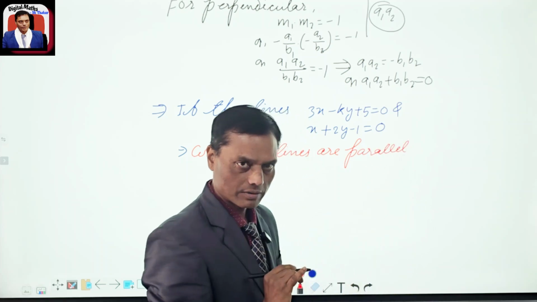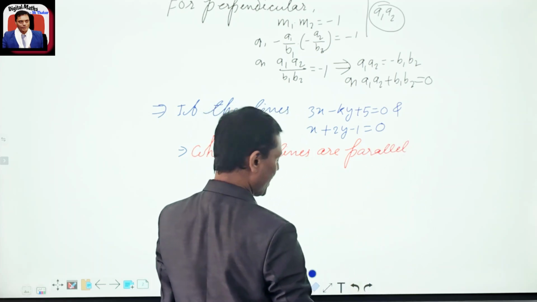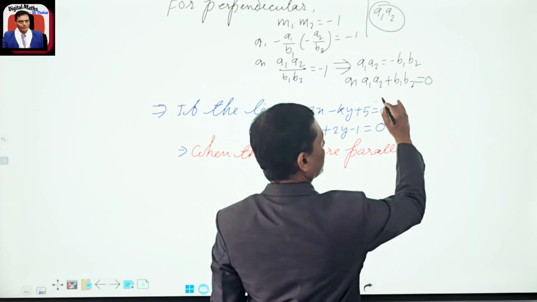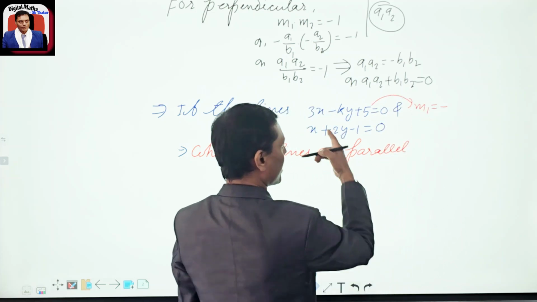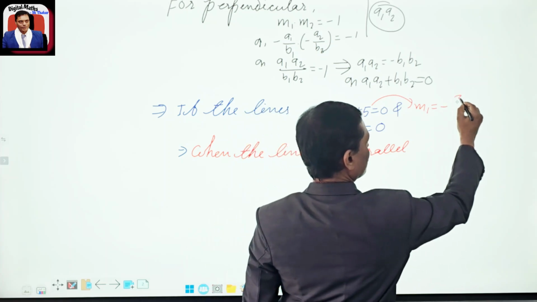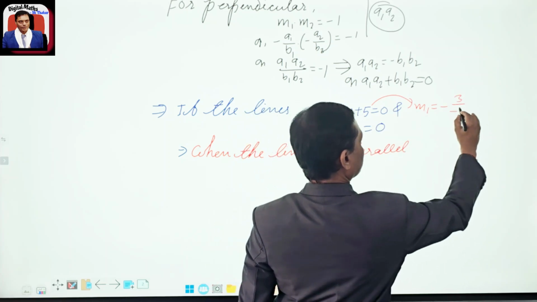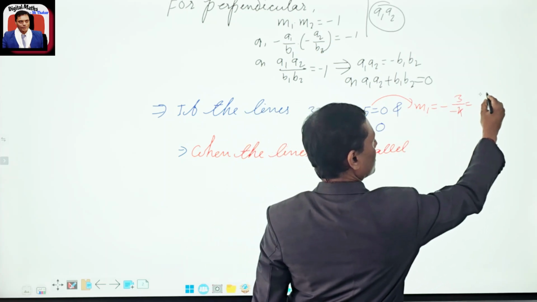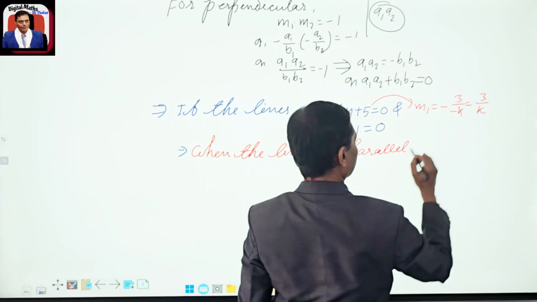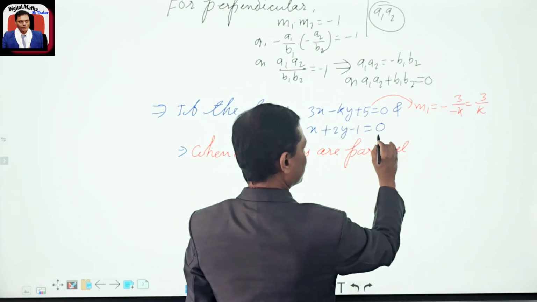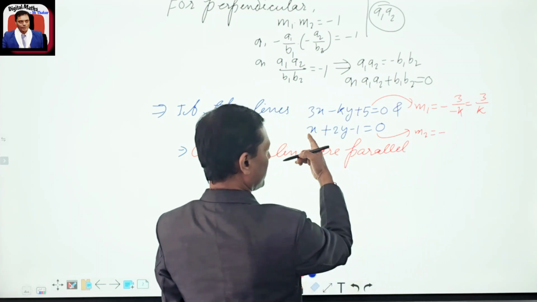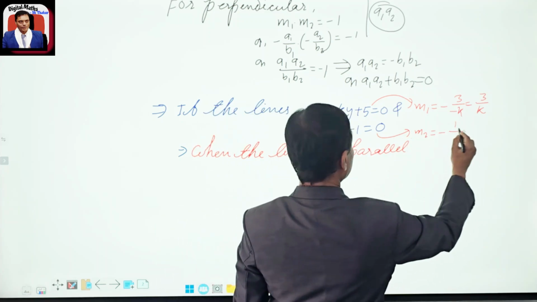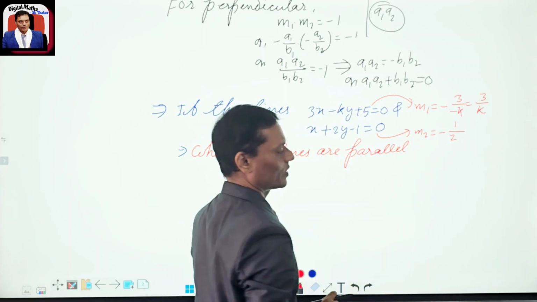So when the lines are parallel, first of all, we have to find out the slope of the first line. Here, slope m1 equals to minus a by b, and a is 3. So 3 over minus k, that gives us 3 by k. Similarly, slope of the second line, that is m2 equals to minus a, meaning 1 here, 1 by 2, so that's minus 1 by 2.